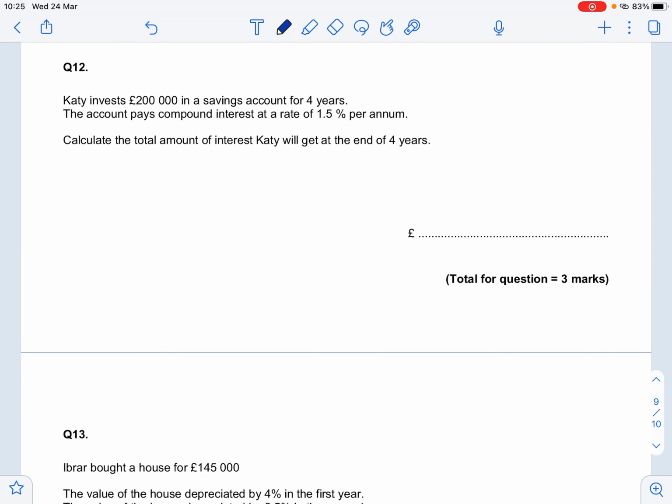Katie invests this amount into a savings account for 4 years, and it pays compound interest. So this is just another compound interest problem. Our initial amount is multiplied by our compound multiplier, which is 100% plus 1.5%, 101.5%. Changing it into a decimal, that is 1.015, and it's 4 years.